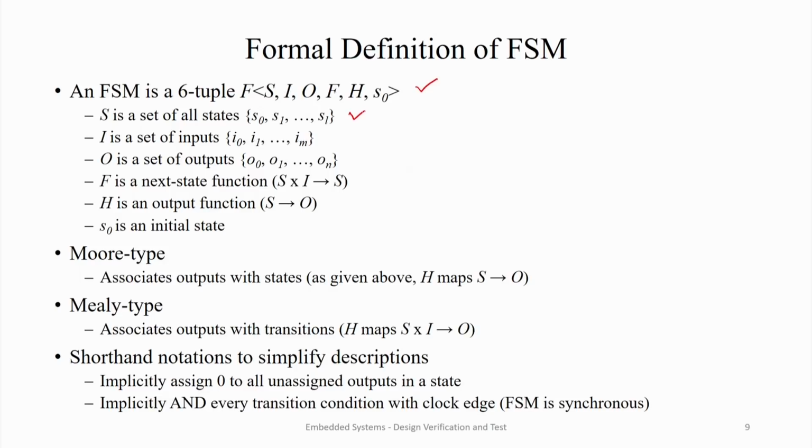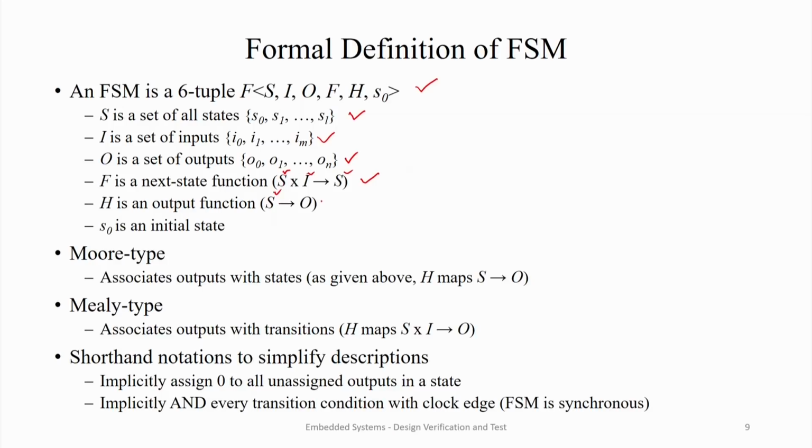Every FSM will have a set of states S0, S1 dot dot dot, a set of inputs I0, I1 dot dot dot, a set of outputs O0, O1, a next state function which goes from the set of states and set of inputs to a set of states, and it has a set of outputs. So, it has an output function.